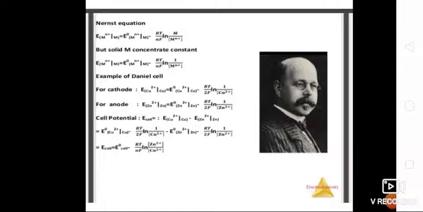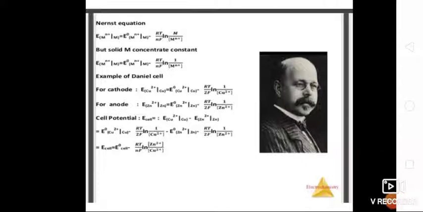For the anode reaction, the electromotive force of the electrode reaction is equal to the standard electromotive force of the electrode reaction minus RT upon 2F ln 1 upon [Zn2+] concentration.